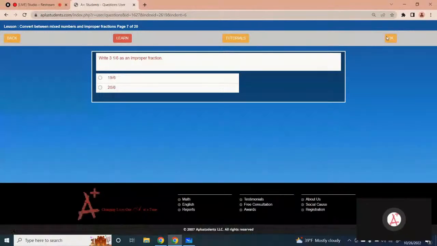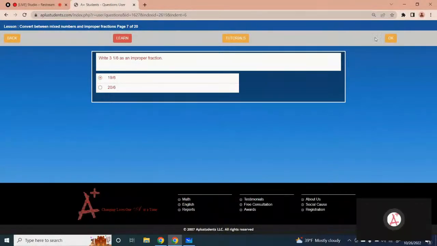Okay, write 3 whole 1 by 6 as an improper fraction. Yes, it is 19 over 6.